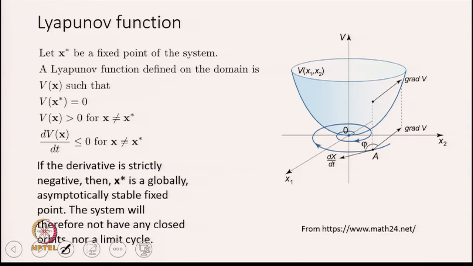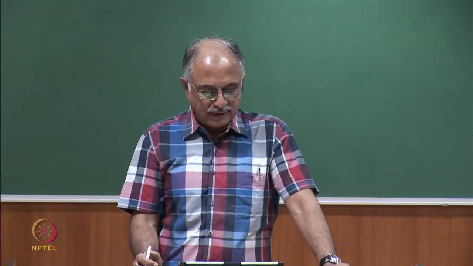Now, for all other points in the domain of this dynamical system, v of x is positive and its derivative is negative. So, in some sense it looks like some kind of a little parabola or paraboloid around this fixed point.